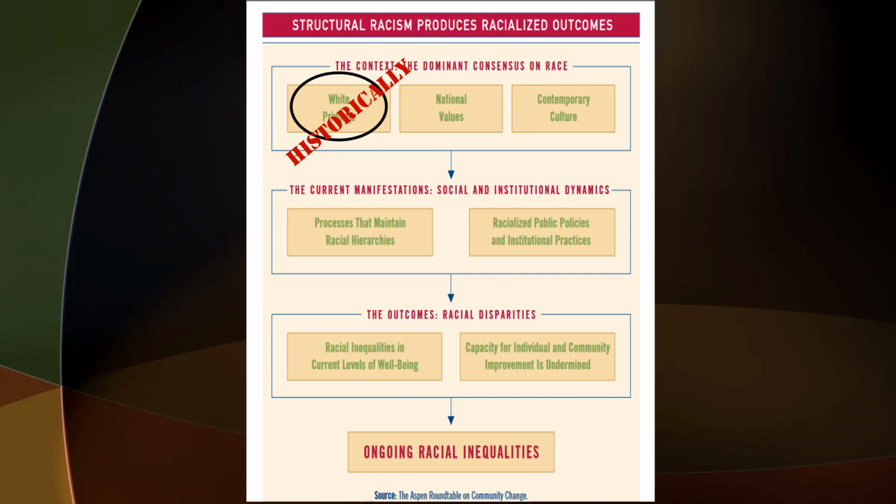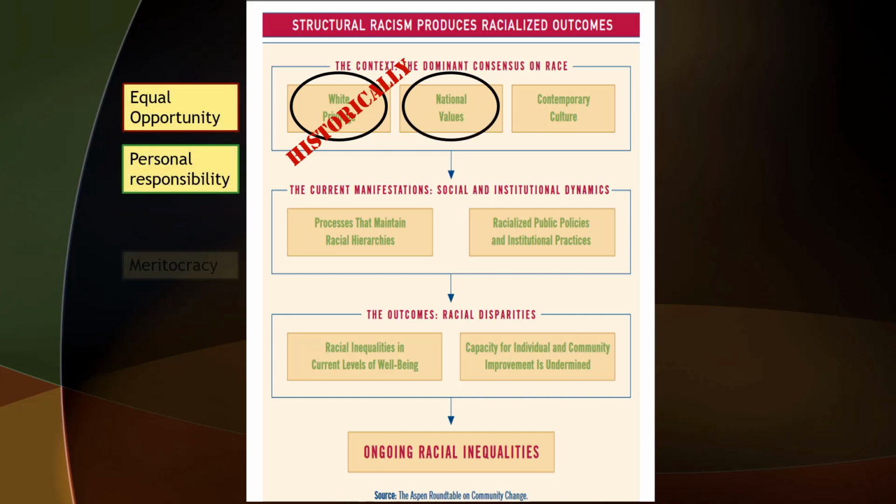In terms of national values, these are things like equal opportunity, personal responsibility, the idea of meritocracy, and how these values are supposed to be race neutral, but they actually have embedded within them a lot of racialized ideas.